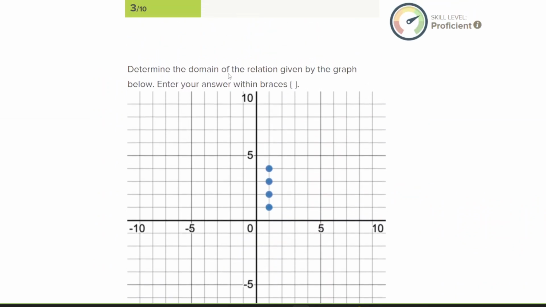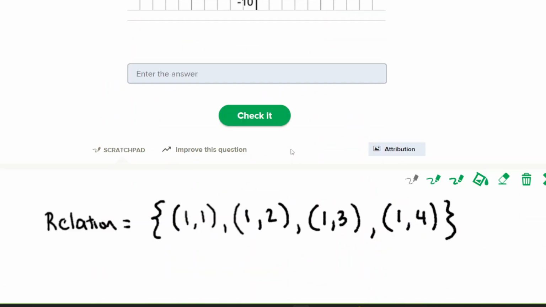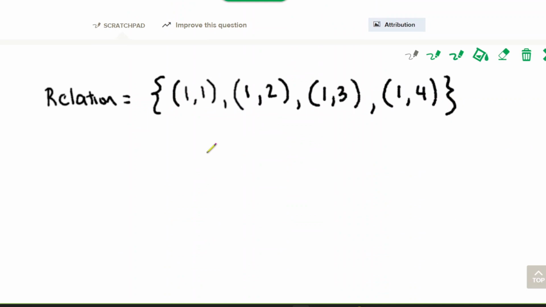And we're asked simply to state the domain. Remember from earlier, the domain of this relation. Now I'll do the domain and the range. The domain is again the set of the x coordinates. Well, look, every single x coordinate is 1.